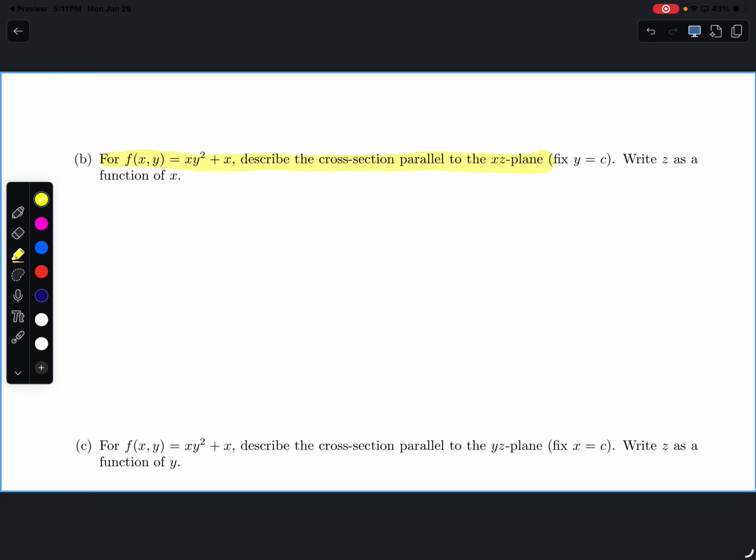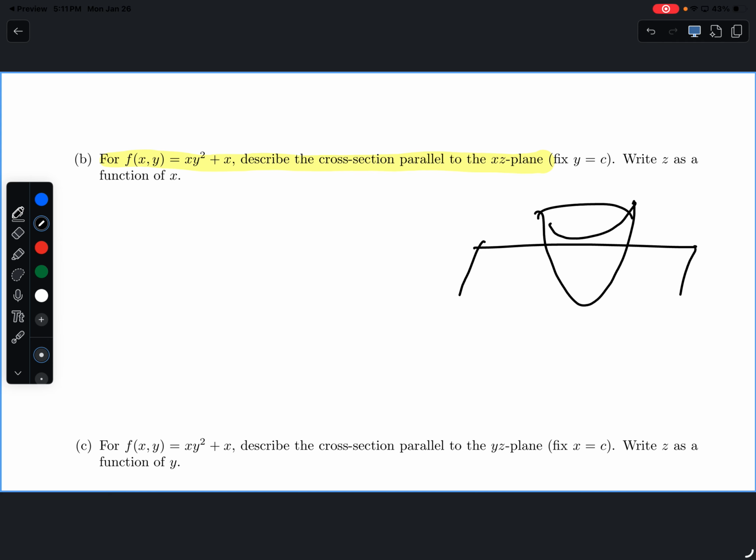I'm given a function, describe the cross section parallel to the xz plane. We are always talking about cross sections. So the cross sections that we are talking about is, we are taking a plane which is parallel to the xy plane.